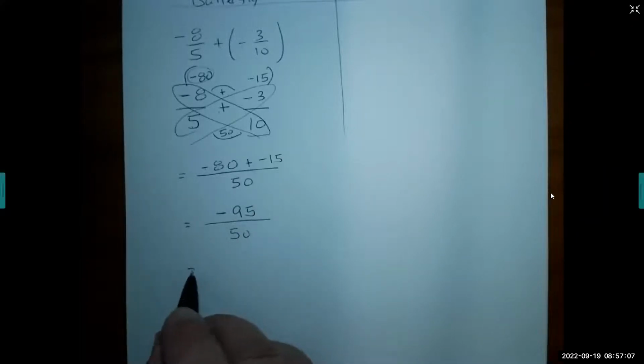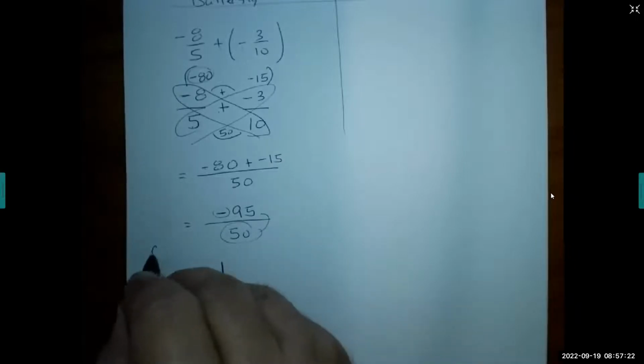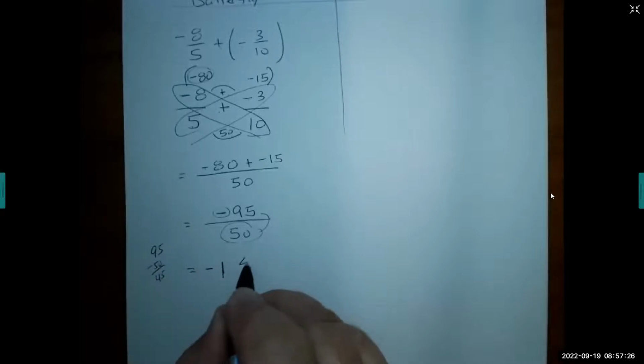It's an improper fraction because the top number is bigger than the bottom number. So how many times does 50 go into 95? One time. So the answer is negative. One time. How many left over? 95 minus 50 is 45.